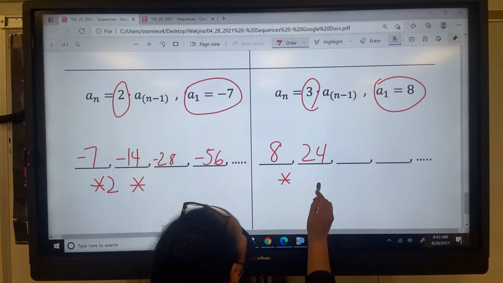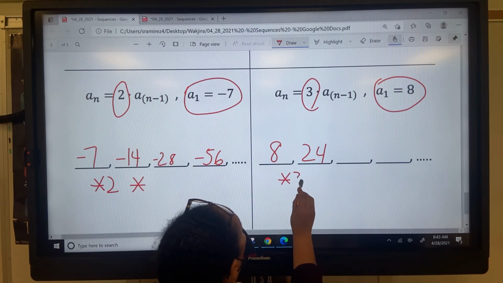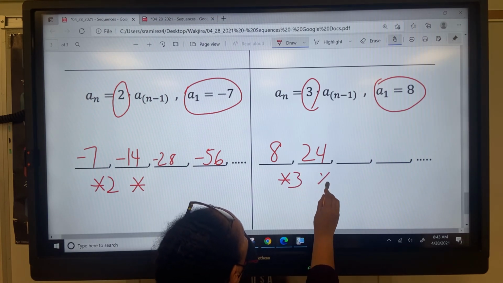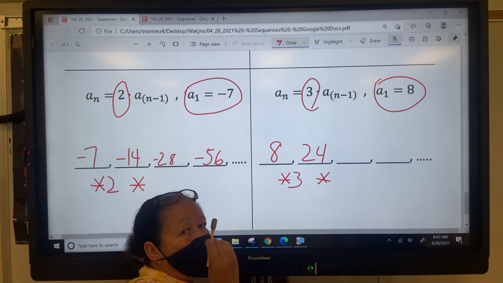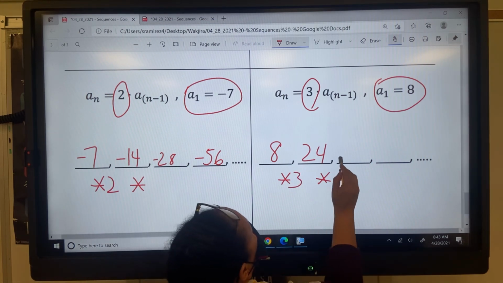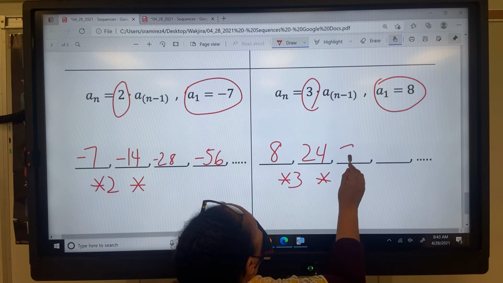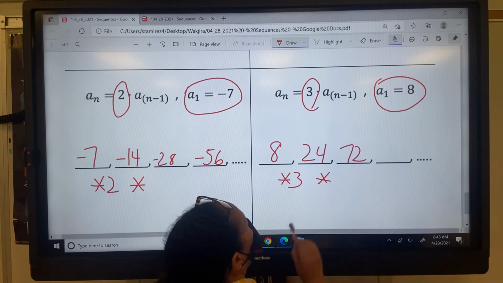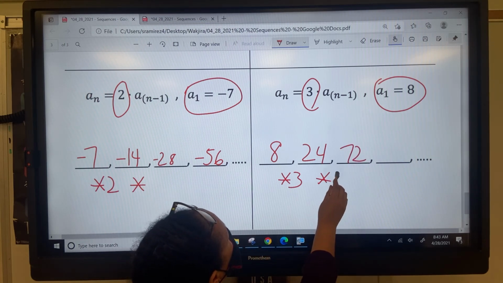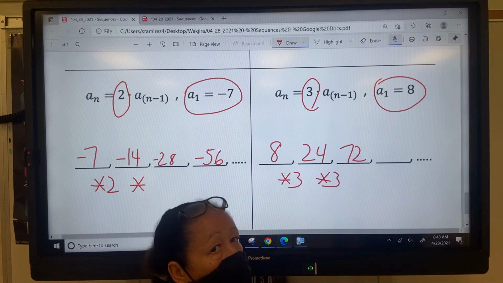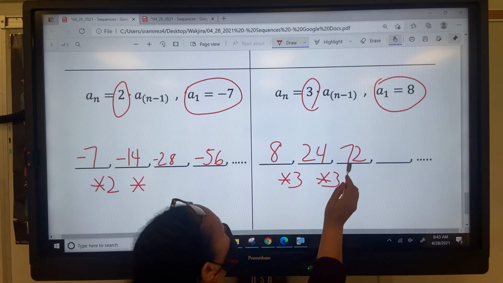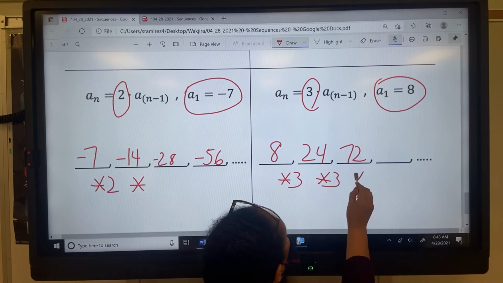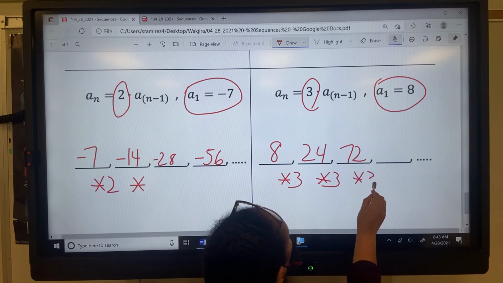Then for the third one, we multiply 24 by 3. That is 72. Then what do we do? The next one again, we multiply 72 by 3.